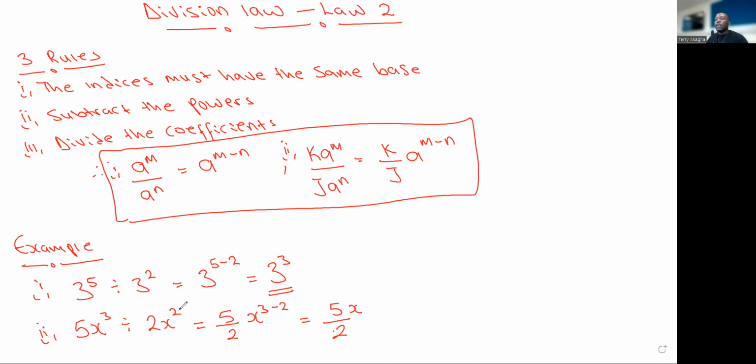Then x raised to power 3, x raised to power 2, because those are the indices, you subtract them. So it's going to be 5 over 2, x to the 3 minus 2, and that'll be 5 over 2 x.